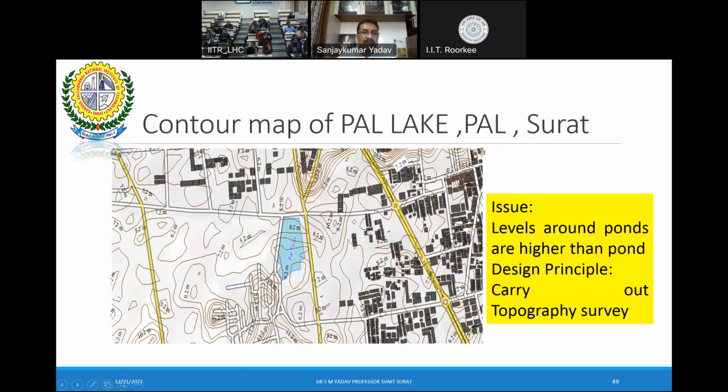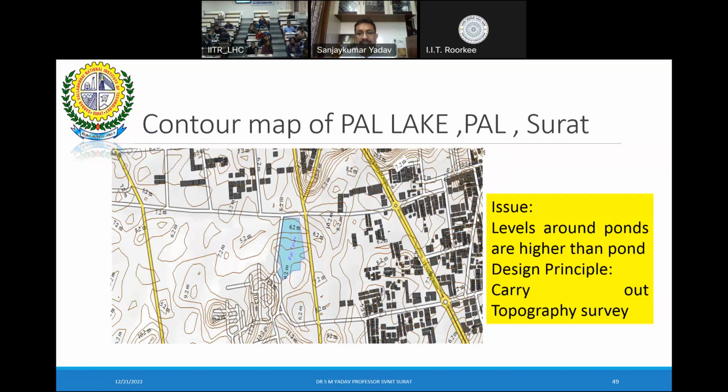Because of that, the rainfall water, which before 1985 used to flow as a watershed into this Pal Lake, has been blocked, as all the natural streams draining into it have been blocked by urbanization. Even though the average annual rainfall in the city of Surat is 1200 mm, this lake does not get filled up. The levels around the pond are higher than the pond.